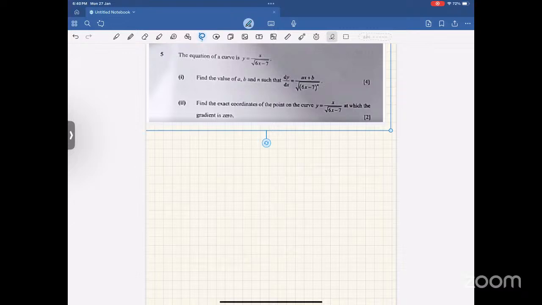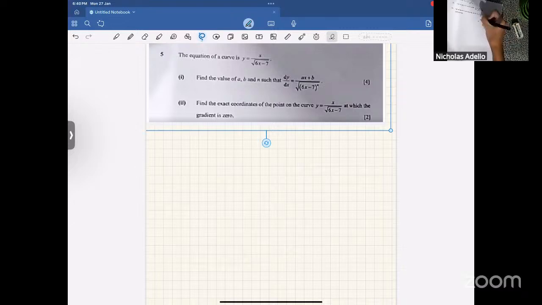Set it up, please. So u is just x and u prime is 1. Yes. V is 6x minus 7 half, and v prime is half of 6x minus 7 half times 6.